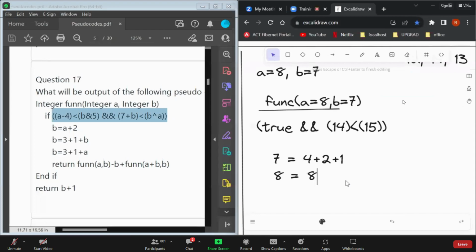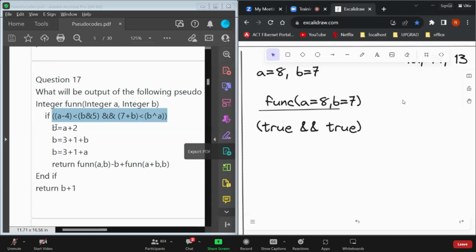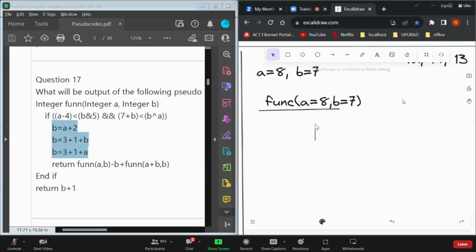Take all the unique elements. So 8 plus 4 plus 2 plus 1 will result in 15. So 14 is less than 15. This second condition is also true. So true and true means the if condition here is true, and we can execute this.